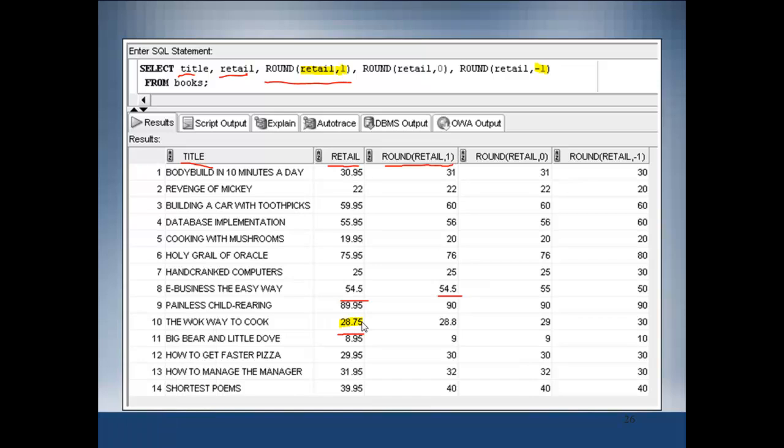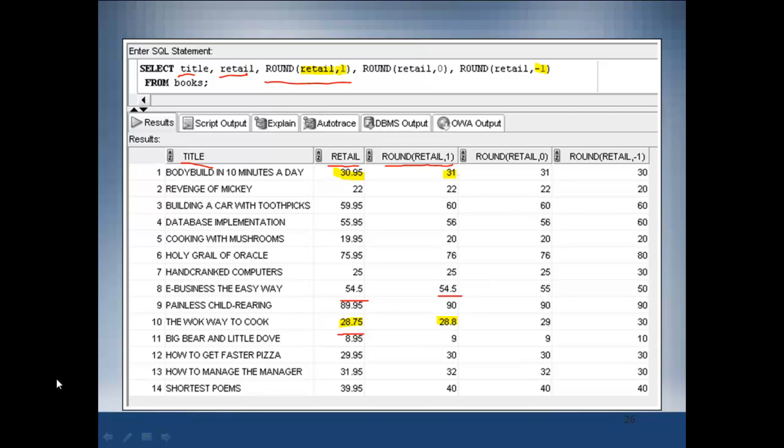The 28.75 gets rounded to 1 to the right of the decimal, so it gets rounded to 28.8. Let's look up at the very first record. The 30.95 gets rounded actually to 31.0, but it doesn't show the 0 here. It just shows the 31.